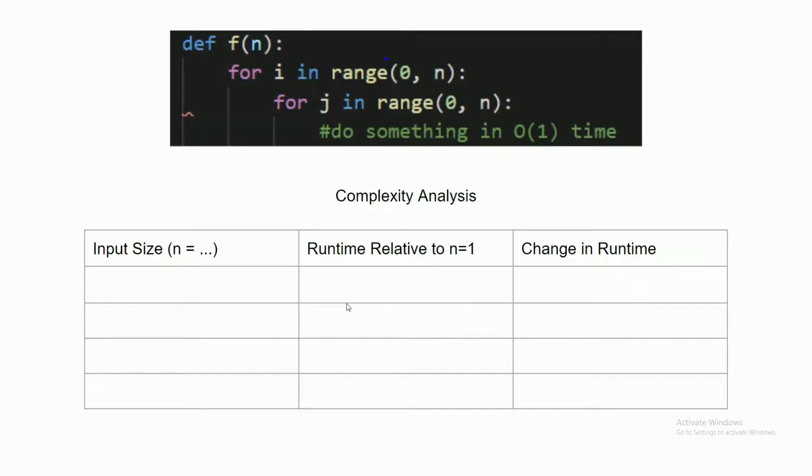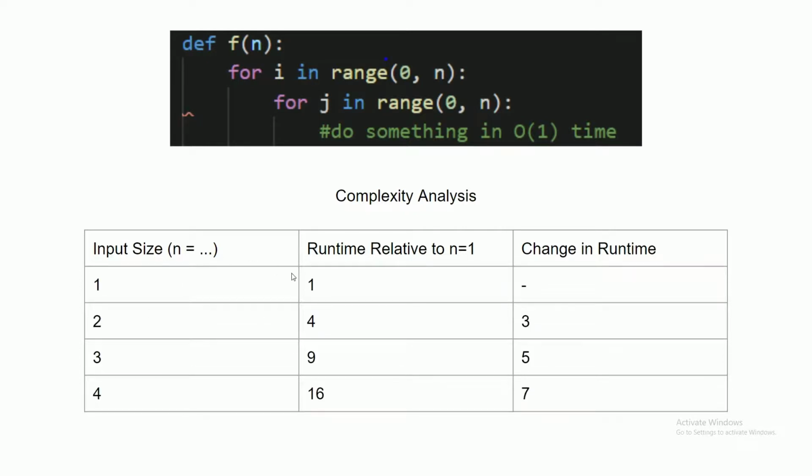And what we're going to do to analyze this is look at a table like this, where we can plot input size, or we can plot runtime relative to the input size, and we can also look at the change in runtime as we increment the input size. If we fill out these cells, we see that the runtime is going to be exactly the input size squared.